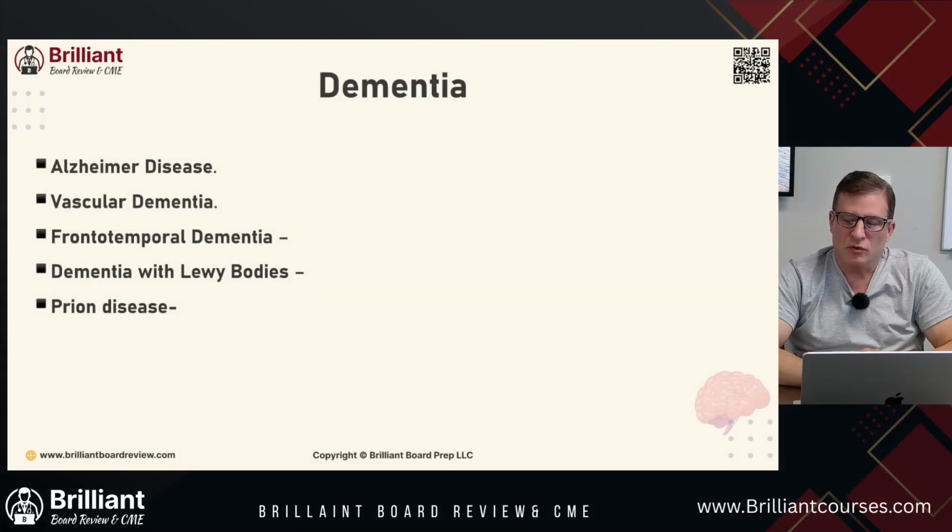Alzheimer's disease: early insidious short-term memory loss, language deficits, and spatial disorientation, later personality changes. Vascular dementia is stepwise decline, early executive dysfunction, cerebral infarction. Frontotemporal dementia is early personality change, atrophy, disinhibition, and compulsive behavior.